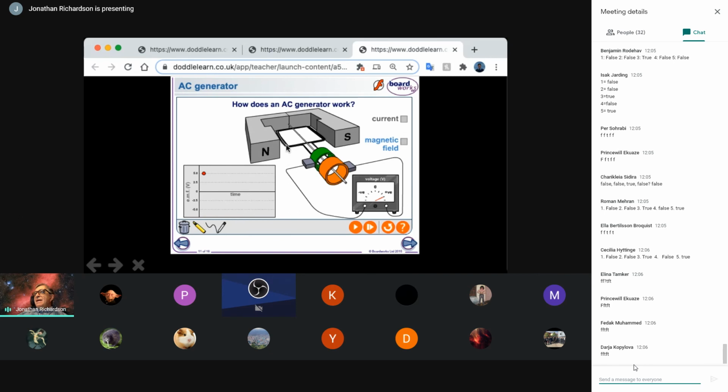So we have a coil of wire, and this coil of wire is inside this magnetic field. On this side, this coil is going to move upwards through the field. This coil on this side is going to move downwards through the field as this rotates. So let's start it rotating.